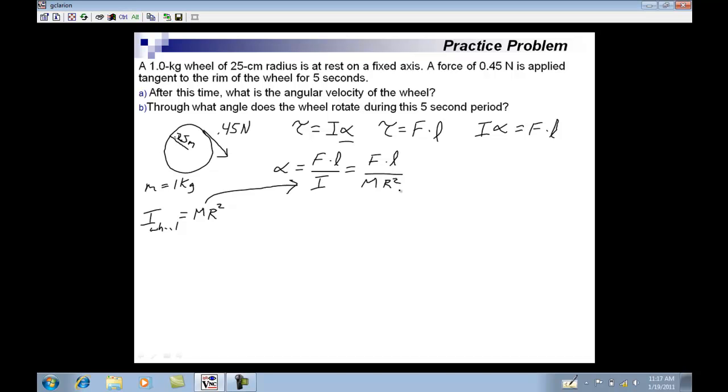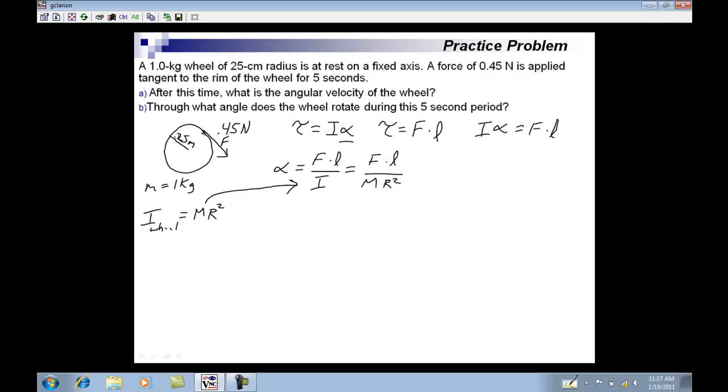What's the relationship between L and R in this particular problem? Look really carefully. They're equal. See how that's my force?